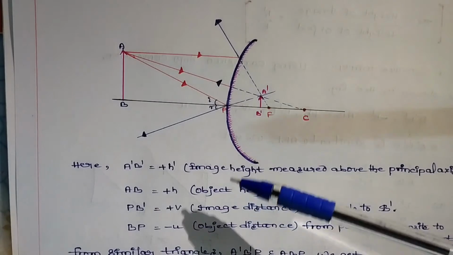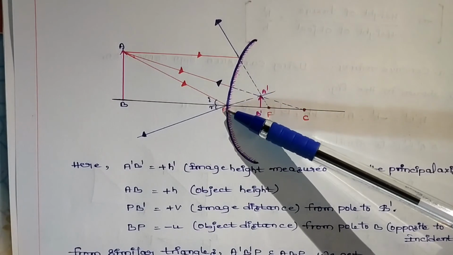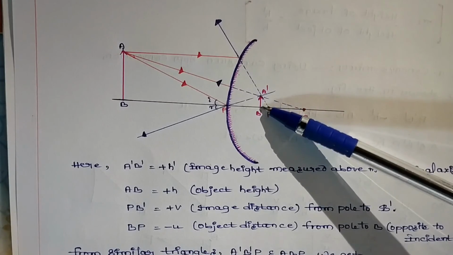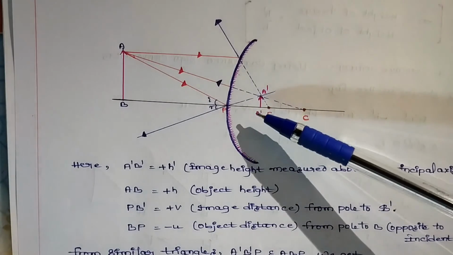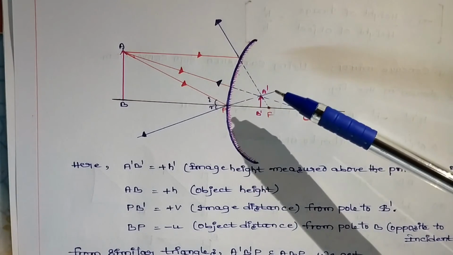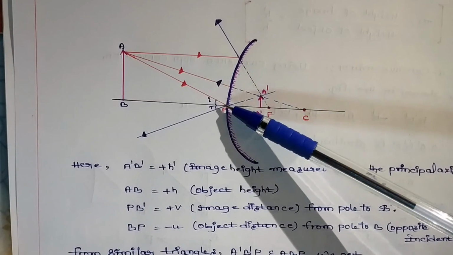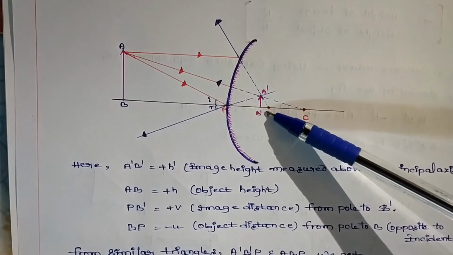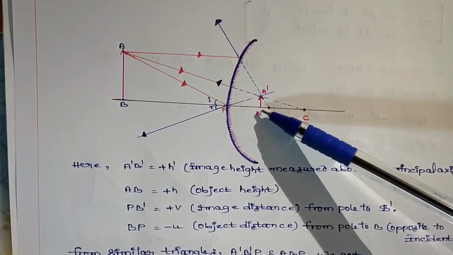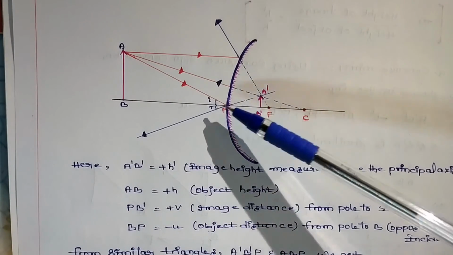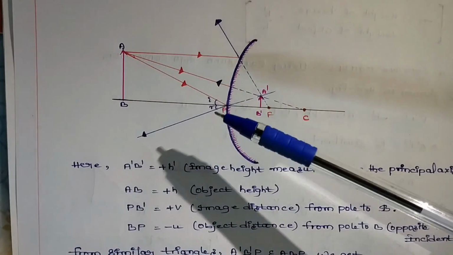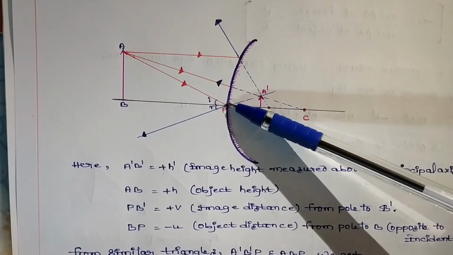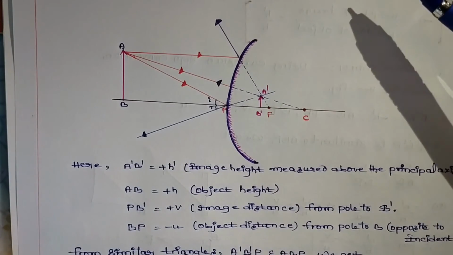And PB dash: P is the pole and B dash is the image, and between P and B dash we are measuring the image distance. The image distance from the pole to B dash is plus v because it is along the incident ray direction. And the object distance from the pole to B is minus u because we are measuring this object distance opposite to the incident ray.